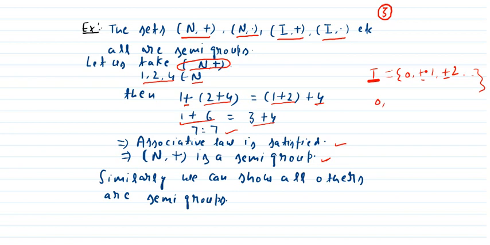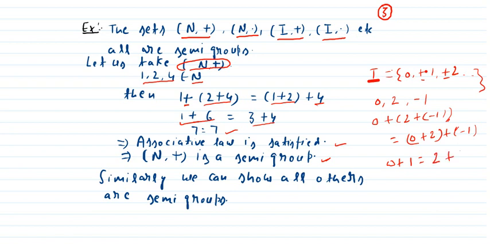Then (0 plus 2) plus minus 1 must be equal to 0 plus (2 plus minus 1), which is 0 plus 1, equals 1, and 2 plus minus 1 equals 1.